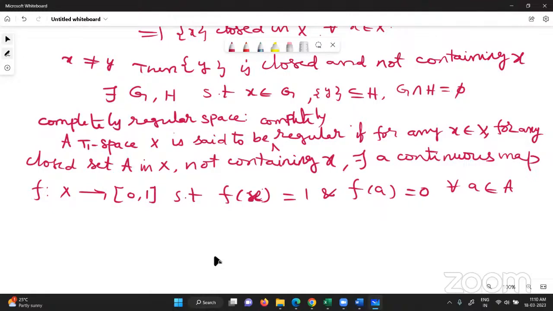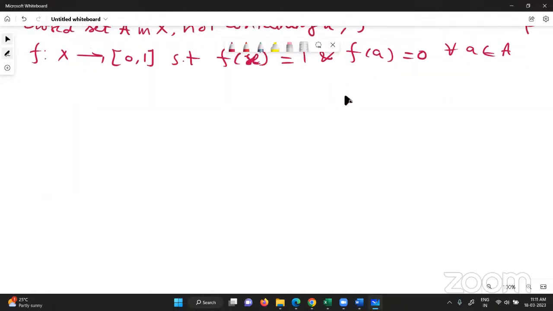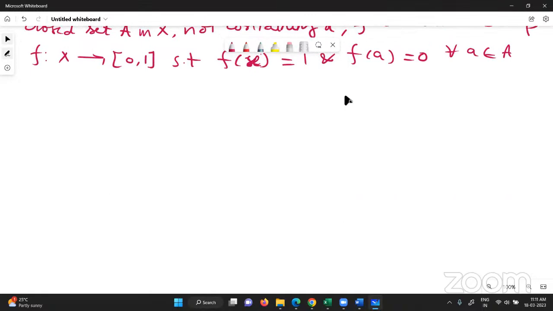A T1 space X is said to be completely regular if for any x belonging to X and a closed set A not containing x, there exists a continuous mapping f from X to [0,1] such that f of x equals 1 and f of a equals 0 for all a belonging to A.